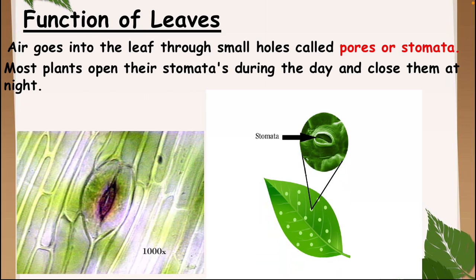They release water. Same as our mouth, we inhale and exhale oxygen and carbon dioxide, the pores and stomata inhale and exhale oxygen and carbon dioxide. And these pores mostly open their stomata during the day and close them at night.